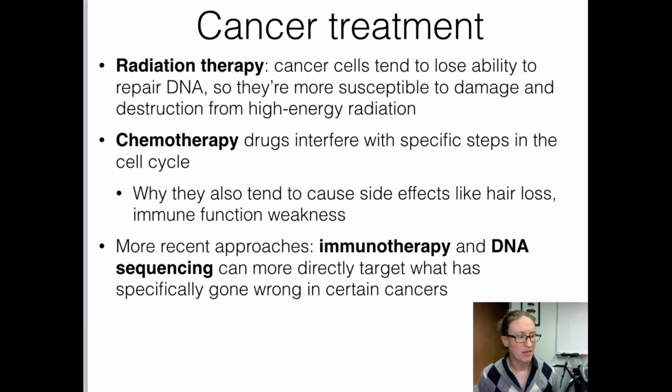Immunotherapy can often be much more specific to the cells that are causing a problem. But these are still fairly new therapies, so there's still a ways to go in figuring out how to make them work effectively, and they won't work effectively for all types of cancer.